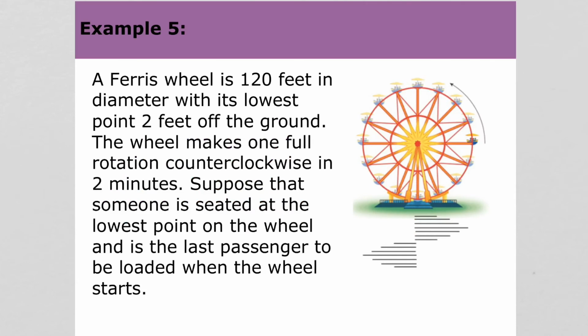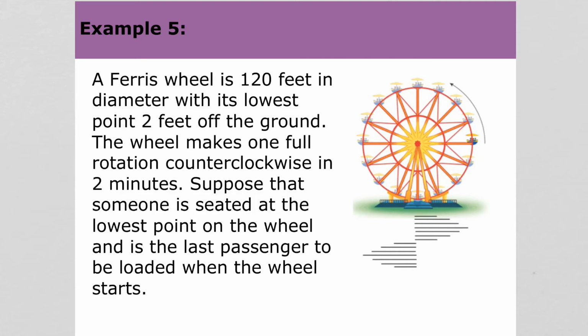We're going to look at one more example of a situation here. It says a Ferris wheel is 120 feet in diameter with its lowest point 2 feet off the ground. The wheel makes one full rotation counterclockwise in 2 minutes.